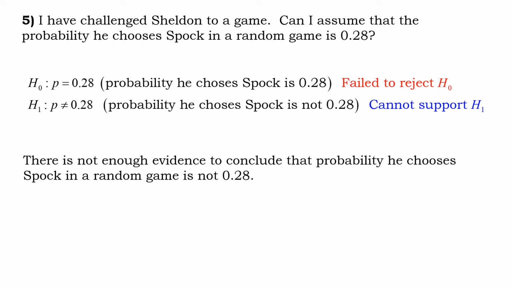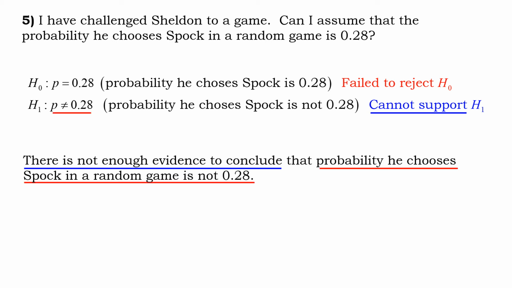We're not negating the Spock choice, but rather the probability of making the Spock choice. The reason I'm making this conclusion is that I lacked evidence. That's why I could not support something, and the something I could not support was H1. So I didn't have enough evidence to prove that the probability he chooses Spock in a random game is not 0.28.